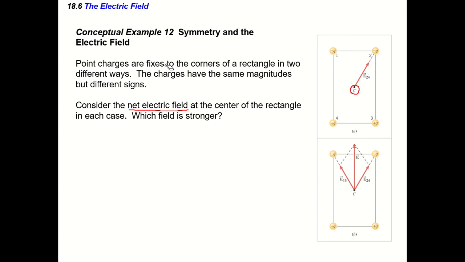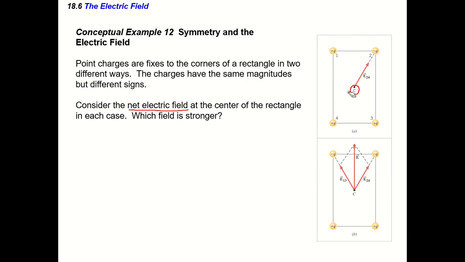Point charges are fixed to the corners, so these are the corners of a rectangle, in two different ways. So it can be something like this, plus minus, plus minus, plus plus, or it can be minus minus, plus plus.